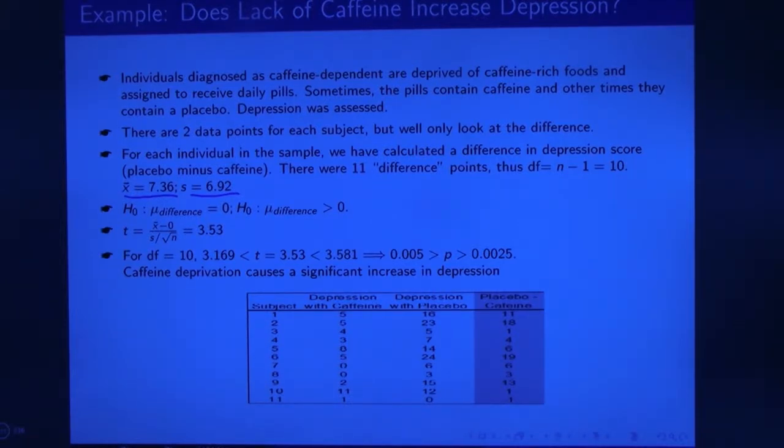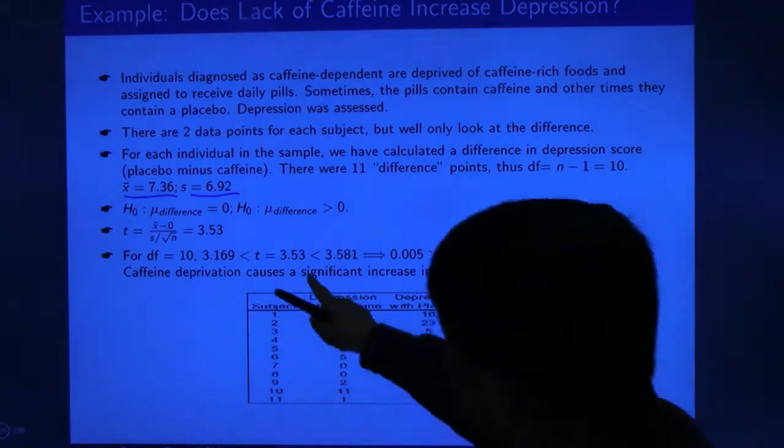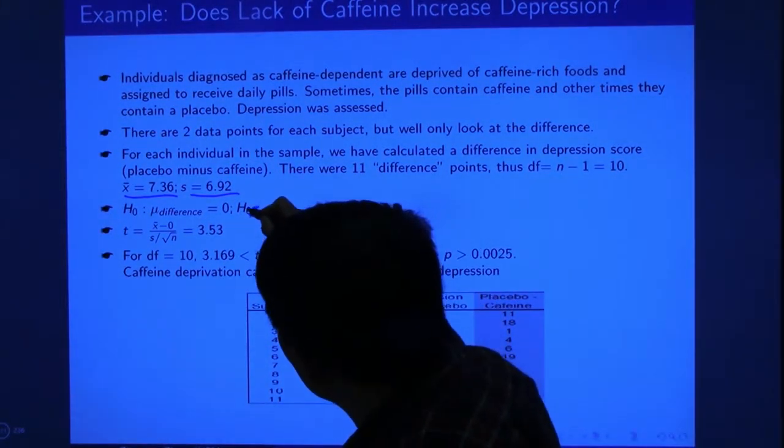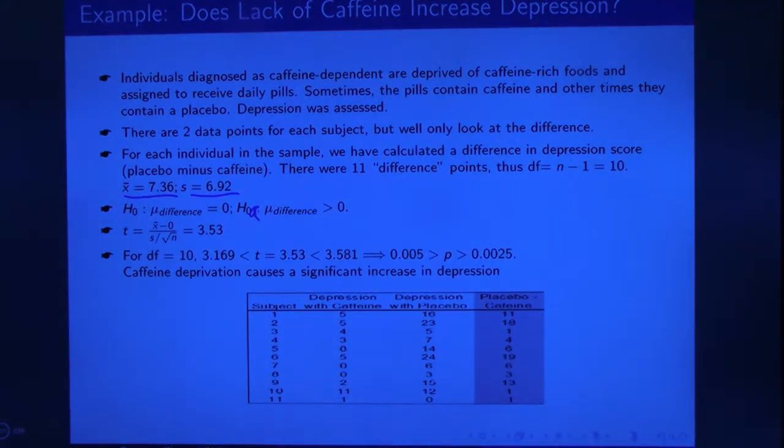The hypothesis we want to state is, because we want to know if caffeine and the placebo have an effect, H0: the mu difference equals 0. It's no difference. And the alternative HA is that the mu difference is greater than 0. That means there is a positive effect.